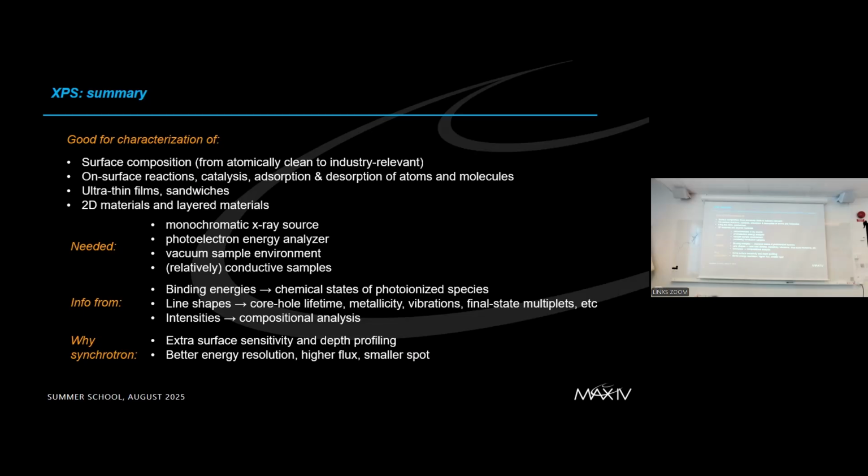For example, if you have a sample which has no internal Fermi edge or no internal strong metallic line, then we can mount close to it another sample, for example, a gold foil.